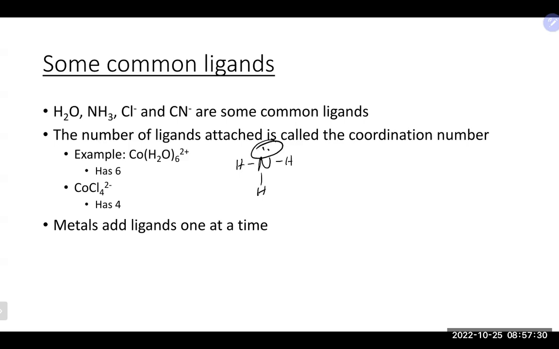The number of ligands attached to the central atom, the number of atoms directly attached to the metal, is what's known as a coordination number. So cobalt with 6 waters has a coordination number of 6, and that's because each of the water molecules is attached via the oxygen here.